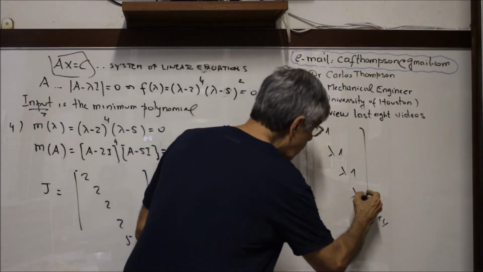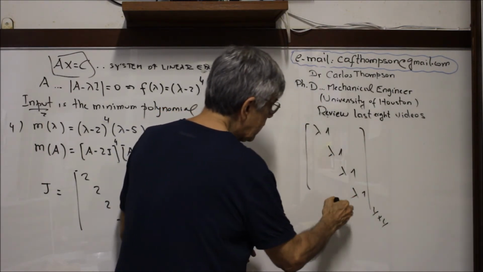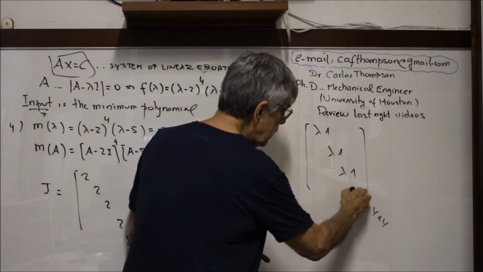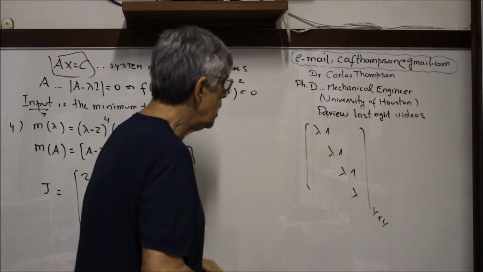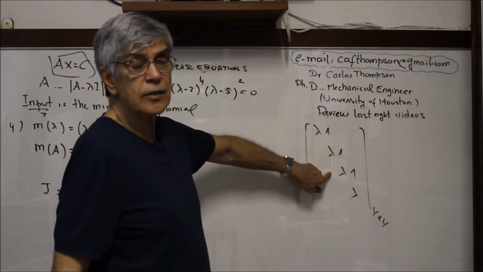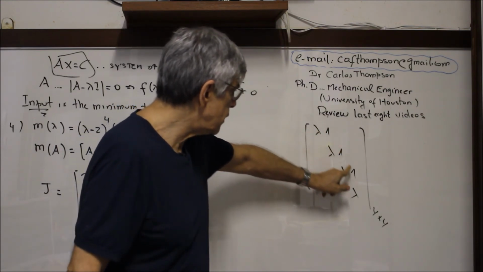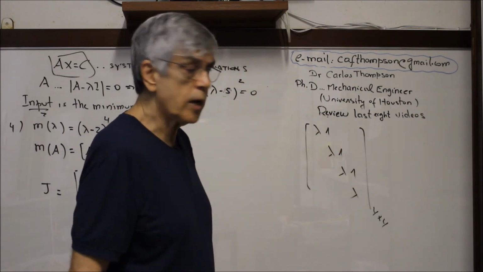Again, I cannot put 1 here because I have 4 columns from here. If I put 1 here, I have 5 columns. Okay? Always, this is called Jordan block.